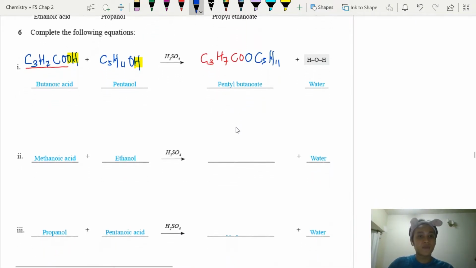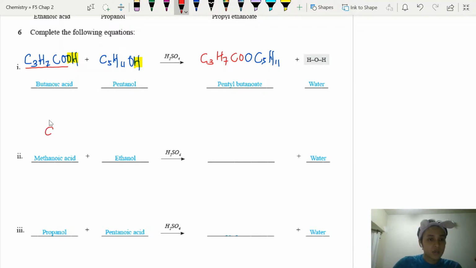Now what if I draw out the structural formula? Methanoic acid, 1 carbon: C double bond O, OH, H. This is methanoic acid. Ethanol, 2 carbons.